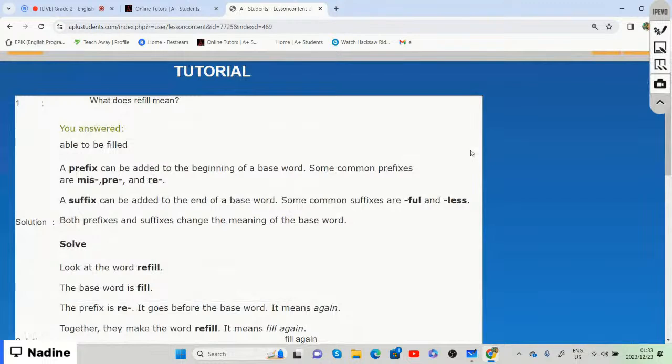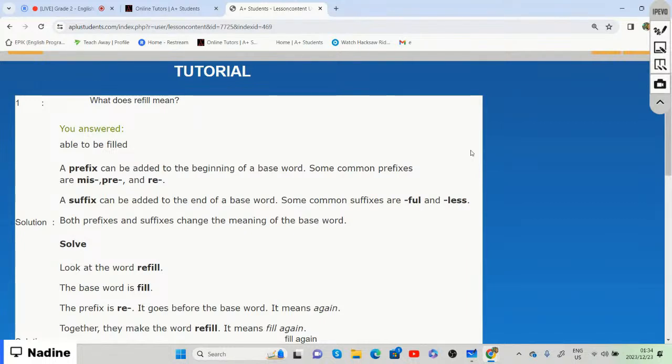The base word is a word that can stand on its own, and it also has its own meaning when it does. With our base word, we have prefixes and suffixes. Prefixes are added to the beginning of a base word, and suffixes can be added at the end of the base word.